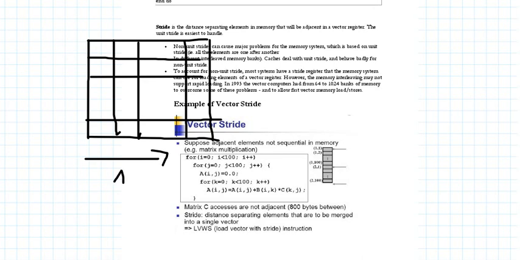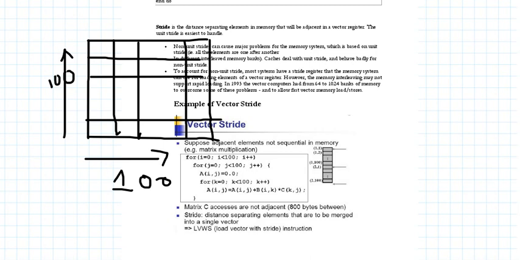Then you have an inner loop into the core segment. It is a[i][j] equals a[i][j] plus b[i][k] multiplied with c[k][j], right?